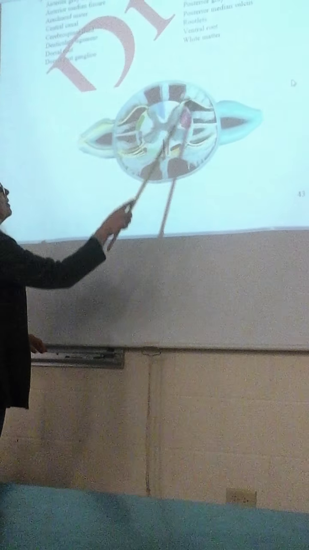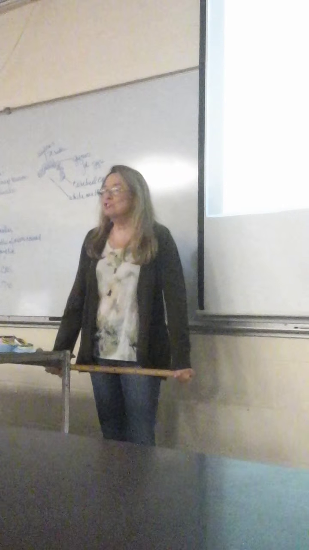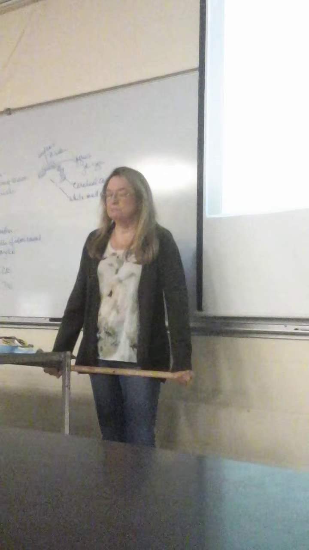So anywhere on this picture that it looks black, you know it's filled with cerebrospinal fluid. Any space. So basically, this makes a sac that is fluid filled. So there's fluid around the spinal cord.